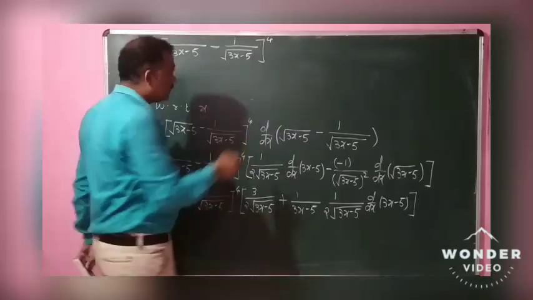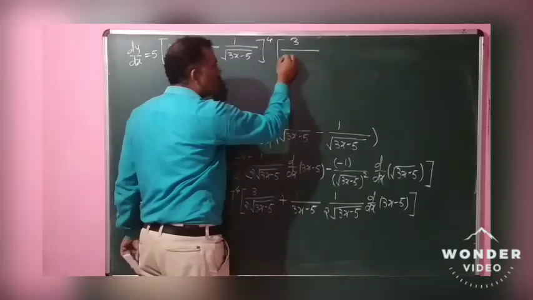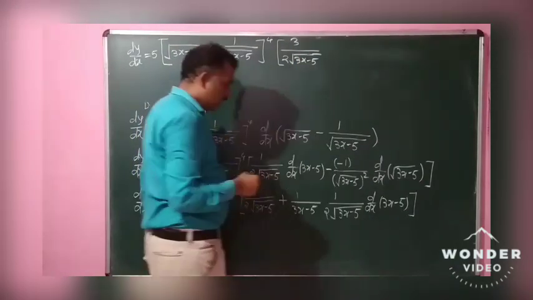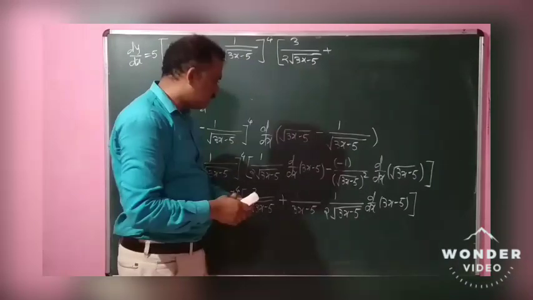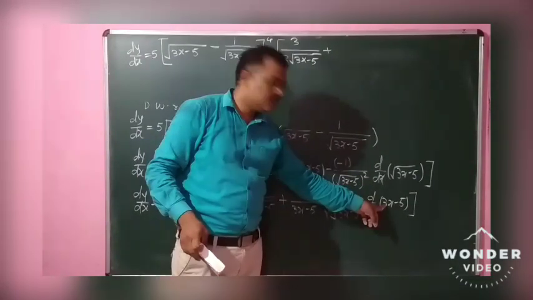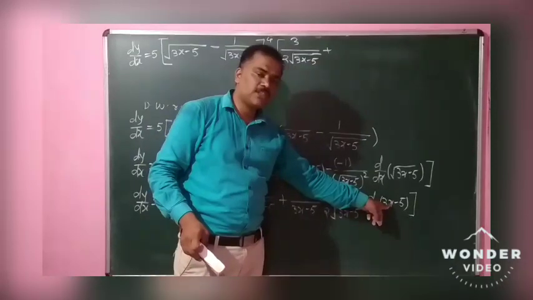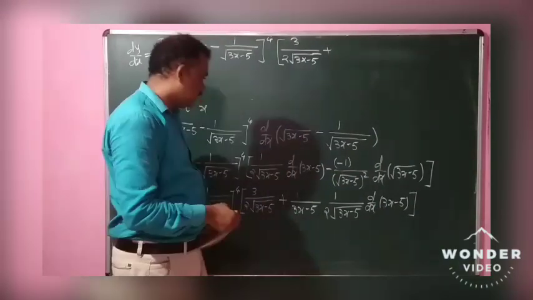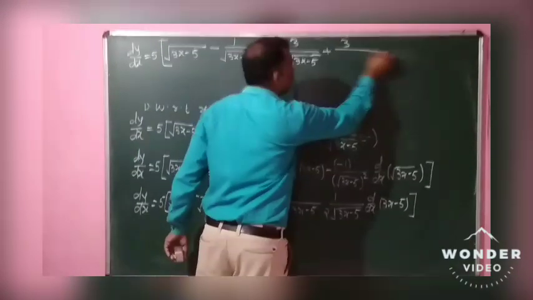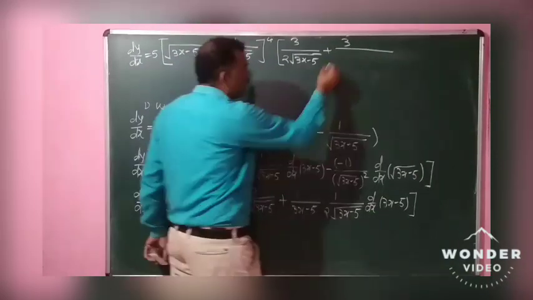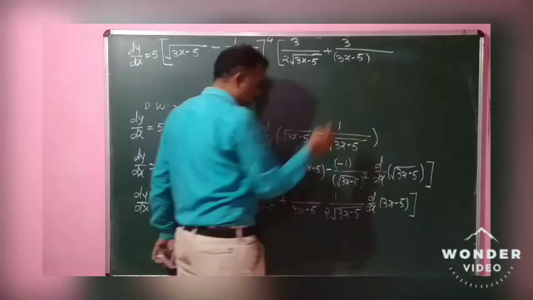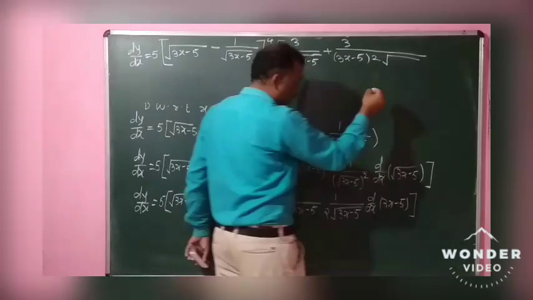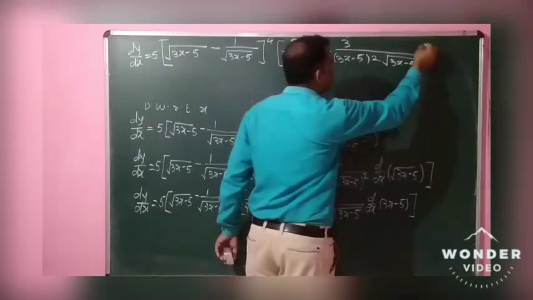Here we get, in bracket, 3 by 2 times the square root of 3x minus 5, plus the derivative of this one, 3x minus 5. 3 is a constant, so it goes outside. The derivative of x is 1, 1 into 3 is 3. The derivative of minus 5 is 0, that is 3 minus 0, that is 3. So we write 3 divided by (3x minus 5) into 2 into square root of 3x minus 5, this bracket as it is.